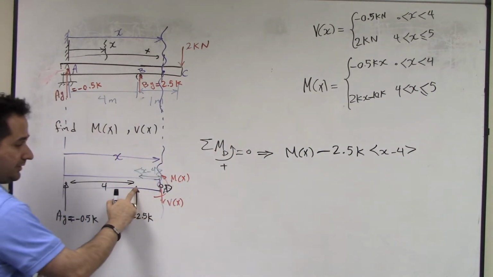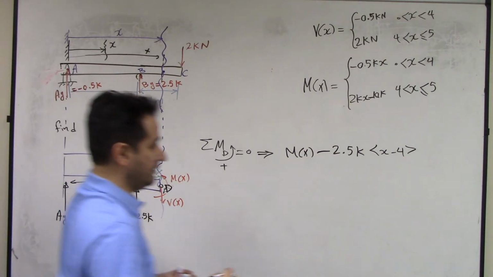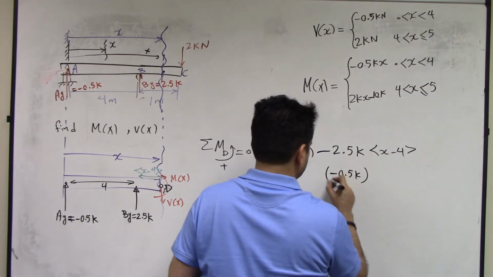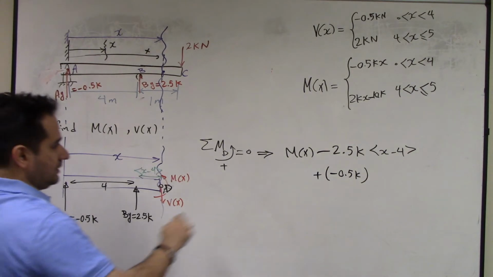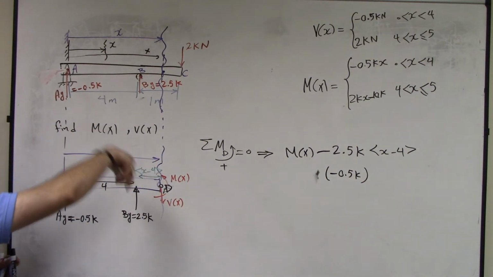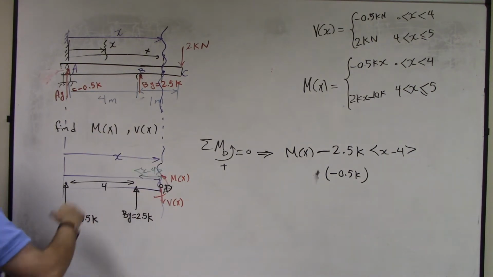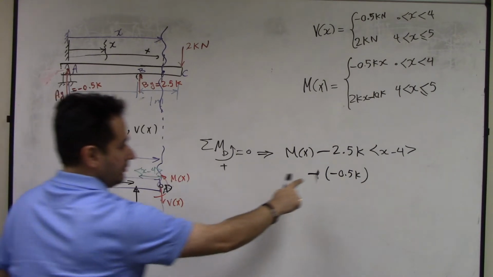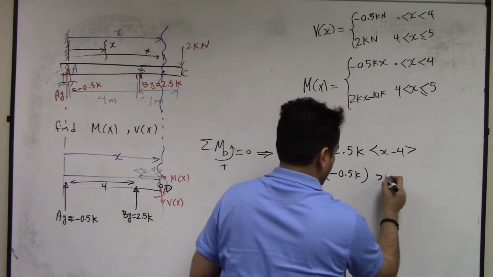So that's the moment of this force, and now the moment of this force: whatever the force is, negative 0.5 k. In fact this is going this way, right? R cross F, clockwise, so it's negative. Negative, the value of force, negative 0.5 k, times this distance, x.